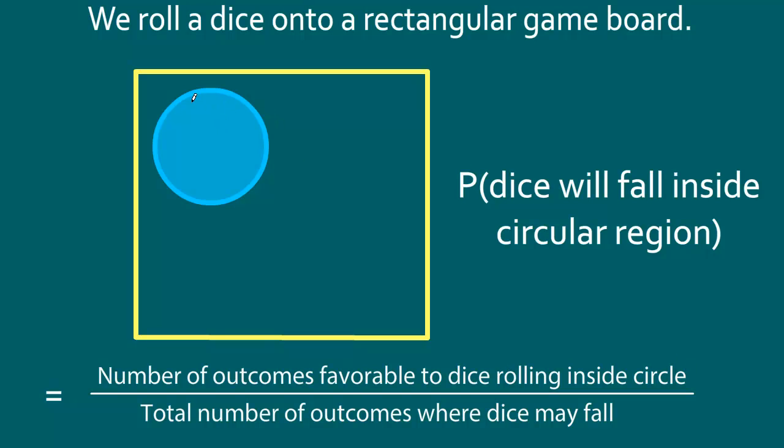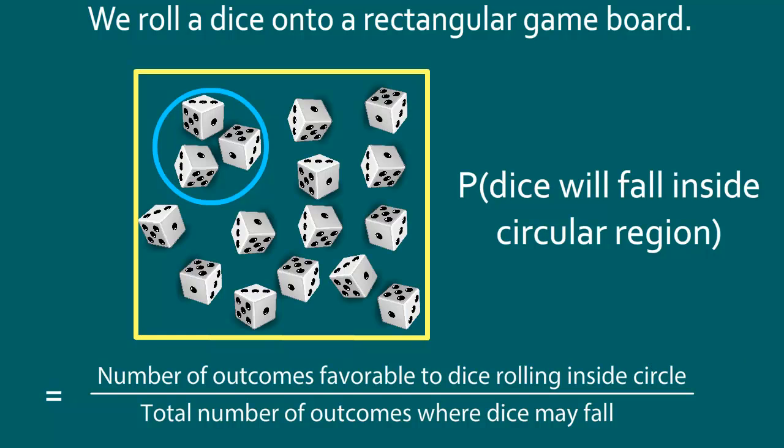Because the dice can be anywhere inside the circle, the way we capture all of those outcomes is by calculating the area of the entire circle. When we calculate the area of any shape, it gives us the entire region covered inside the space. So the area gives us all outcomes favorable to the dice rolling inside the circle, the numerator.